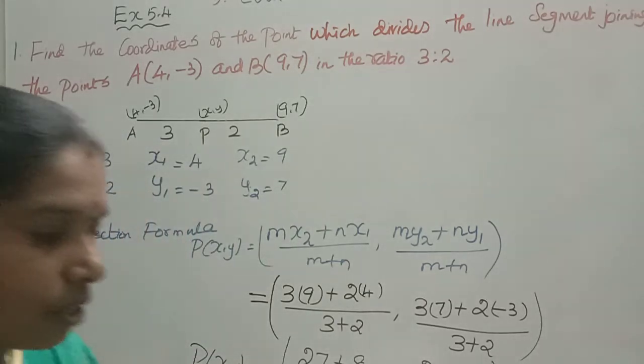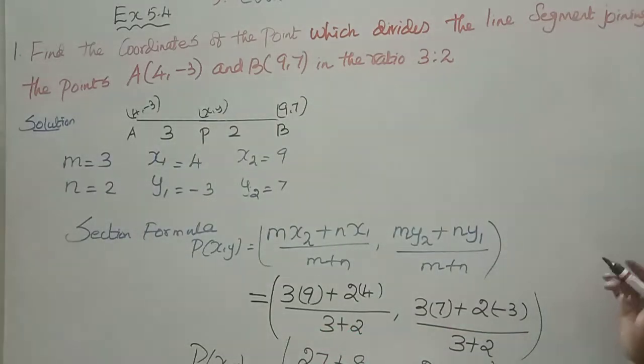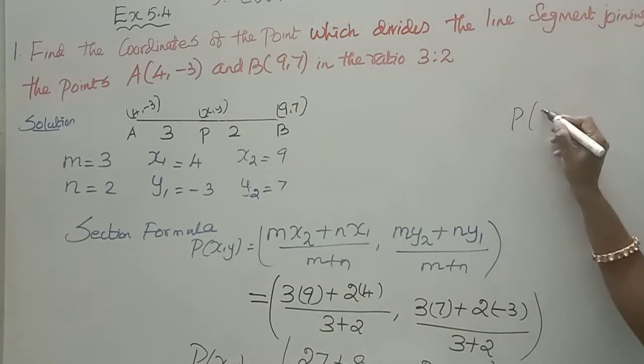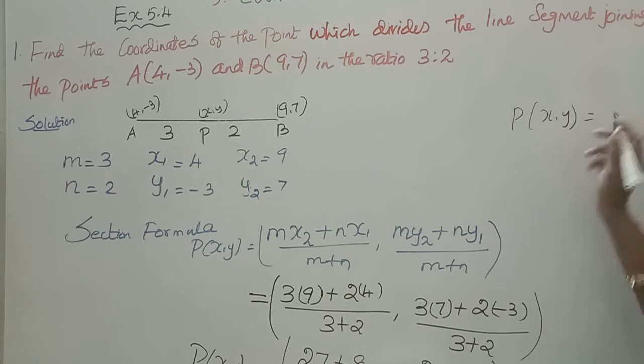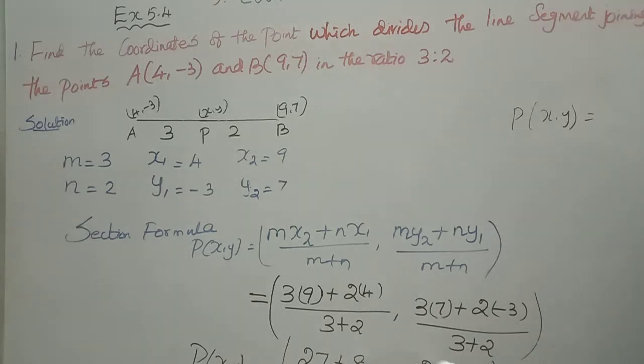And simplify this. On simplifying, what are we getting? P of x comma y is equal to 27 plus 8, how much? Yes, 35 by 5, comma, 21 minus 6 is 15 by 5.